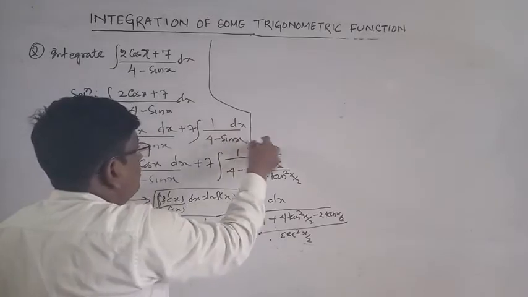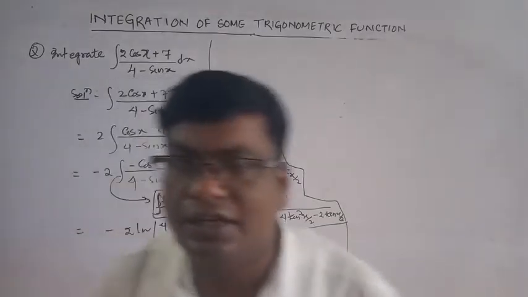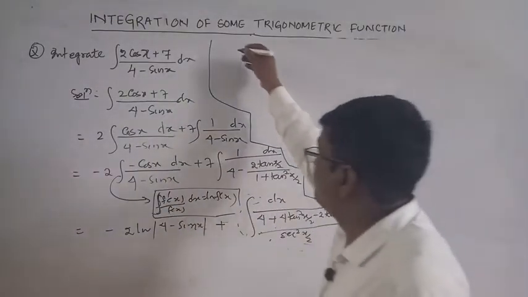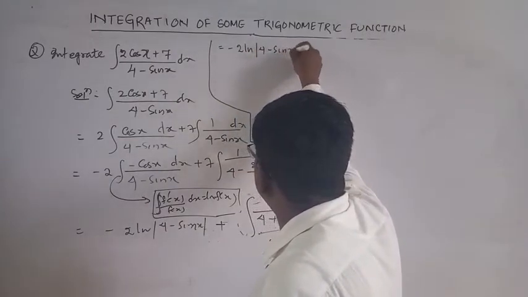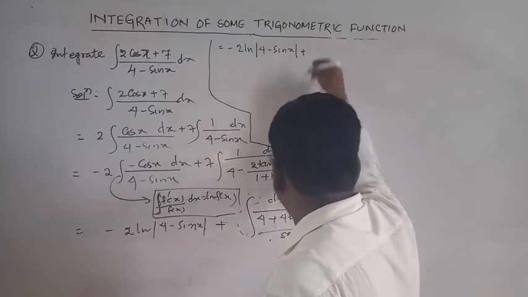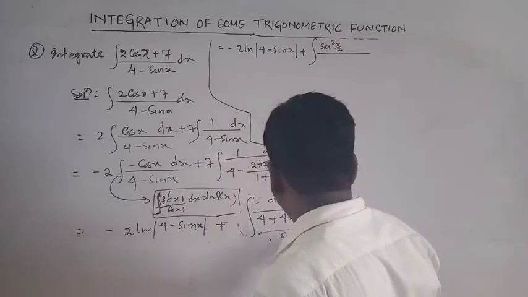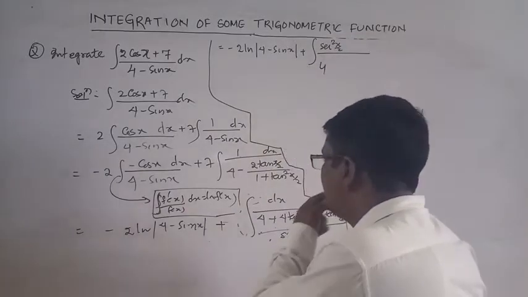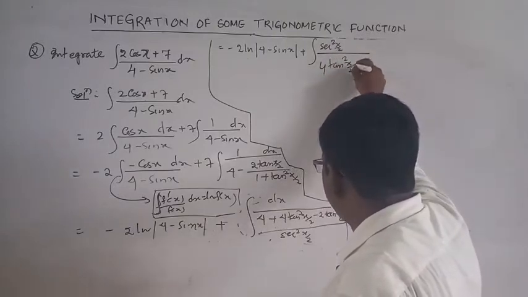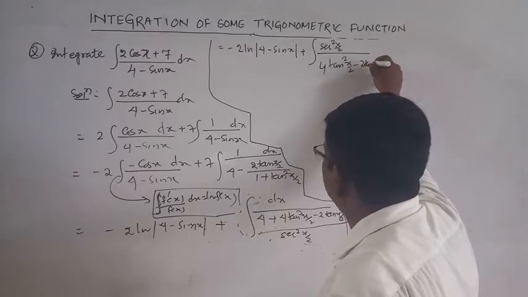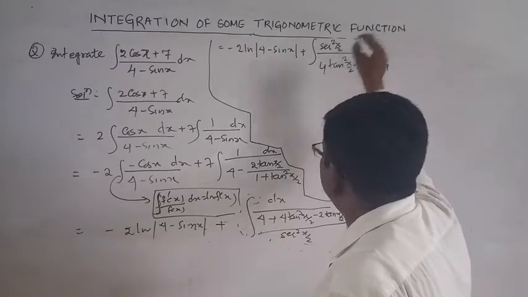So this is what? Integration of minus 2 into log of 4 minus sin x mod, and this is sec square x by 2 integration, sec square x by 2 divided by 4 plus 4 tan square x by 2 minus 2 tan x by 2 plus 4 dx.